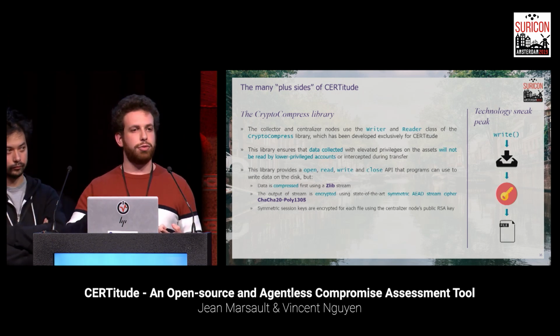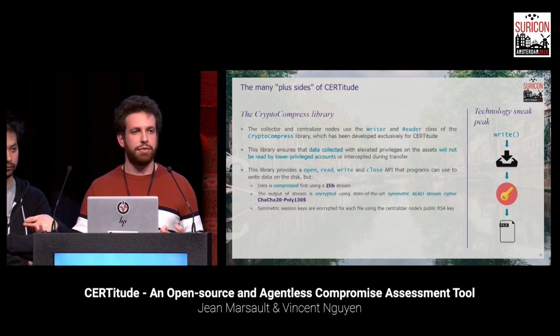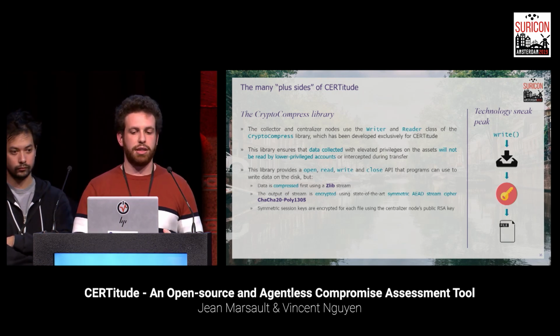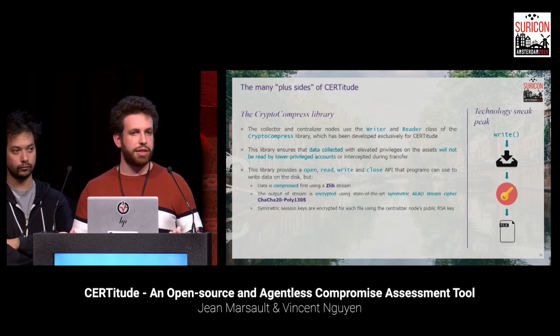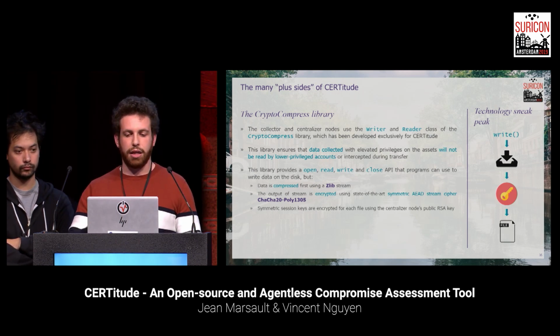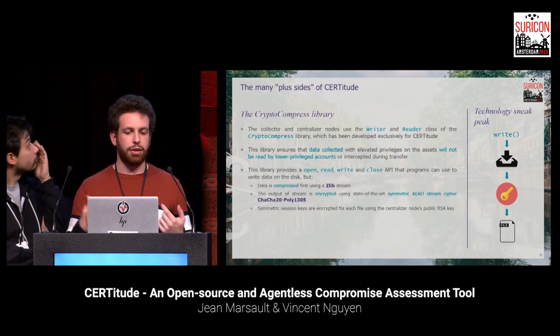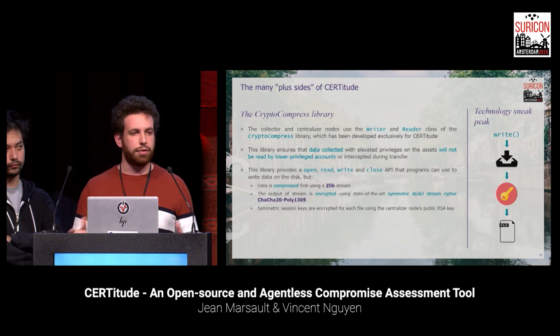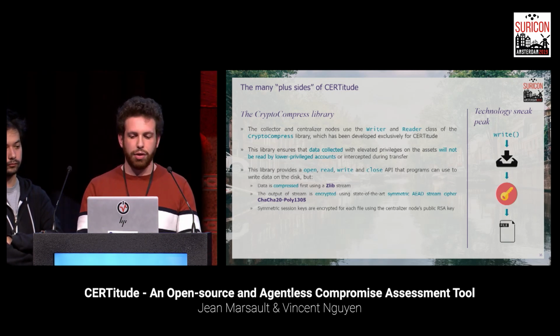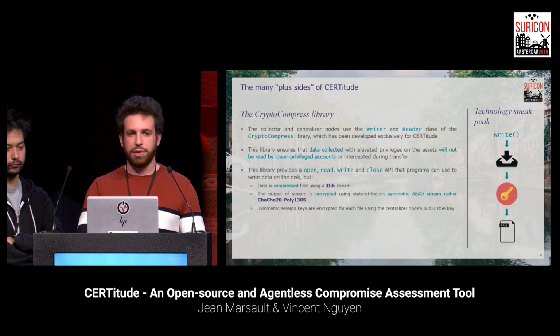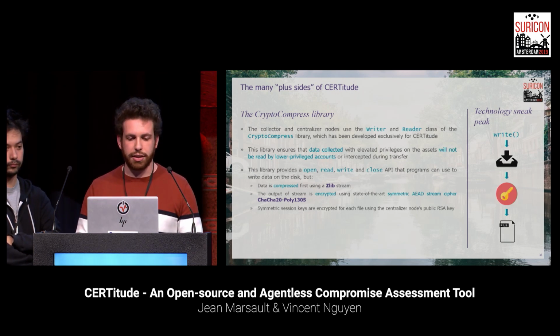For example, when you want to extract the registry hives of a whole system, this can take up to 100 megabytes, and you want it compressed to take less size. And then before it touches the disk, this is encrypted. So we use two state-of-the-art cryptographic principles to have it encrypted and compressed before it touches the disk.